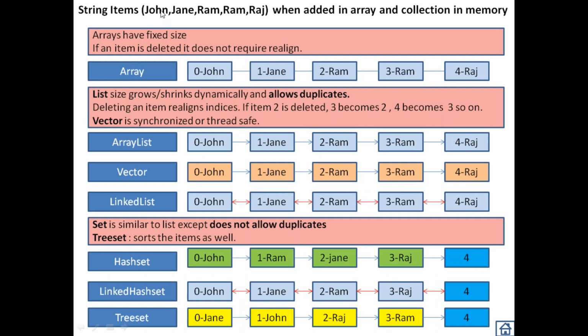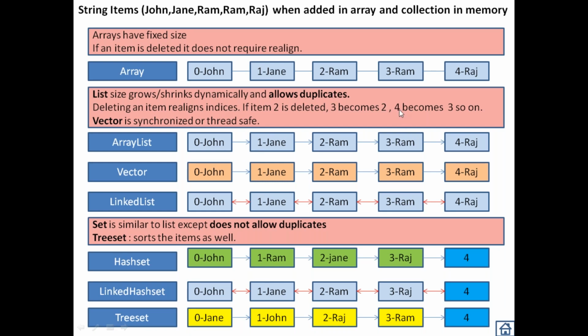If you have 5 items, John, Jane, Ram, and Raj. When you insert in array, it is in the same order. John, Jane, Ram, duplicates, and Raj. This is how it gets stored in the array. When it comes to array list and vector, they are exactly similar to array, because they are implemented like an array.